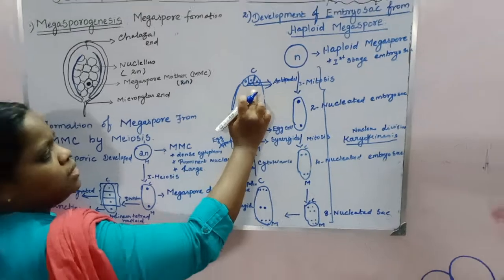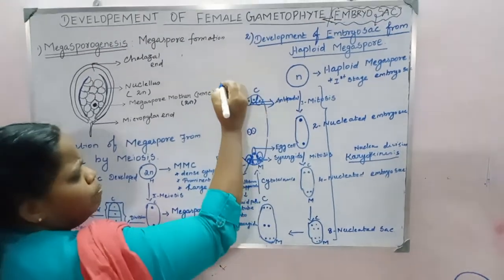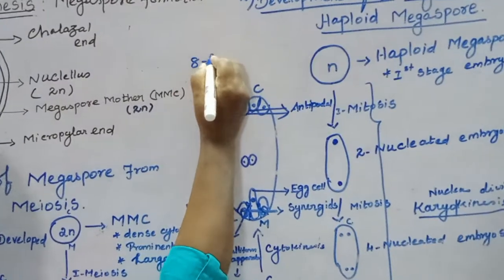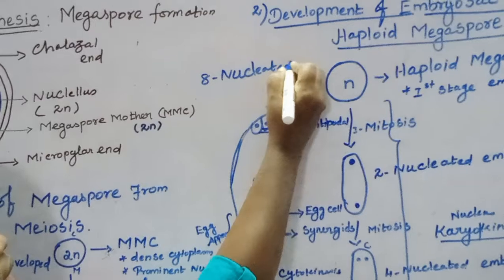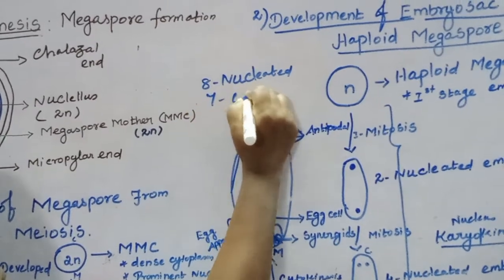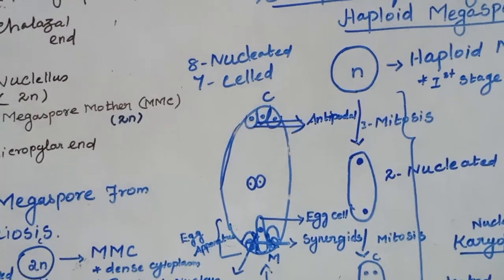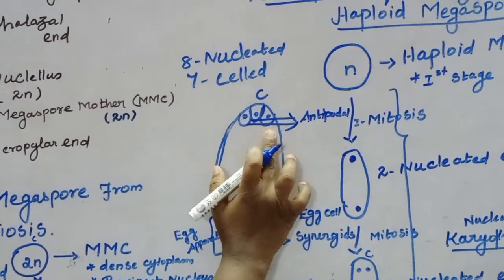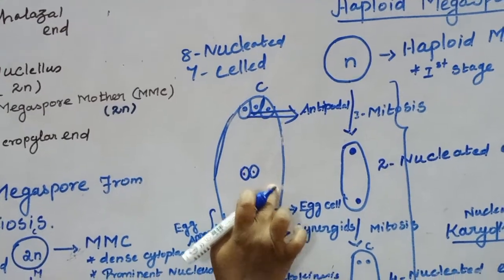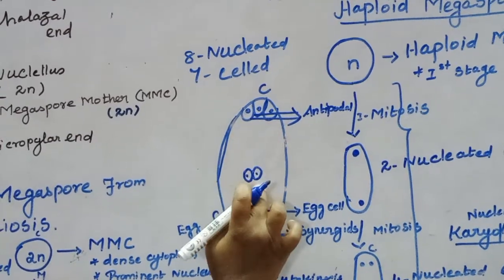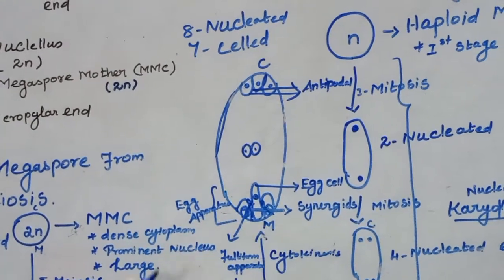Okay. The next, 3 antipodal cells. So, here is the embryo sac development. See, the embryo sac is 8-nucleated and 7-celled. Can you count it? 8 nucleated: 3 antipodals, 3 nuclei, 2 polar nuclei, 5; 1 egg cell, 6; 2 synergids, 8.